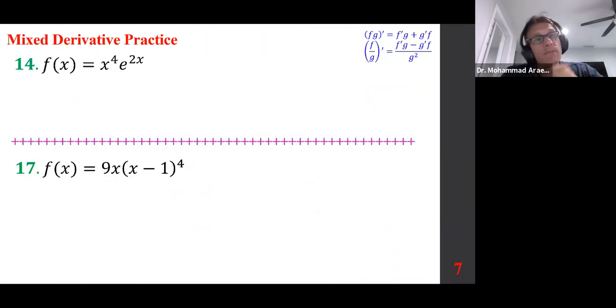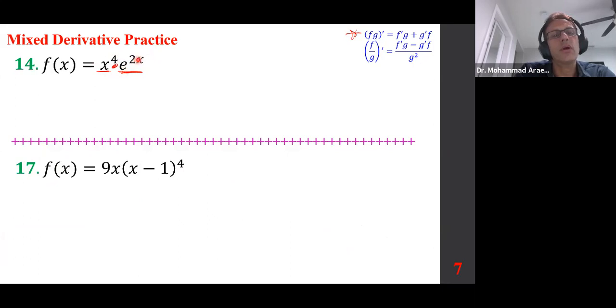Here's the next one. We are dealing with the product rule again. This is the f function. This is the g function, and we are using the product rule. So the derivative of x to the power of 4 is 4x cubed times e to the power of 2x.